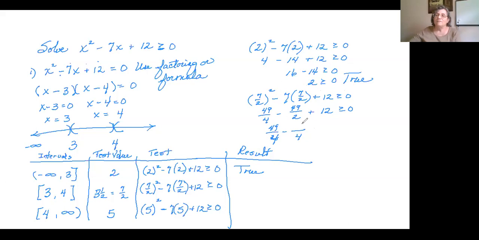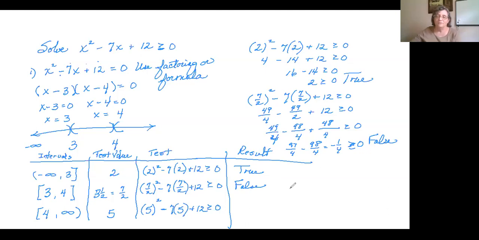If I double 49, I'm going to get 98, over 4, plus 12 would be 48 over 4, is greater than or equal to 0. So I've got 49 plus 48, which is 97. 97/4 minus 98/4, which is a negative 1/4, is not greater than or equal to 0. So this one came out false.